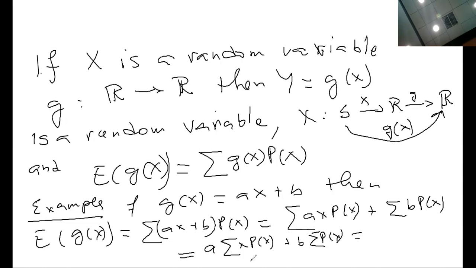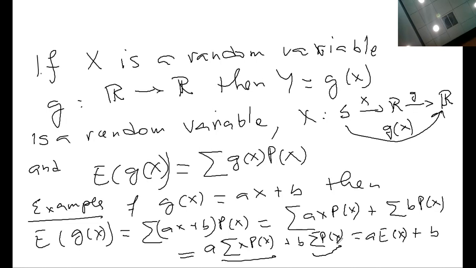The sum of x times P of x is the mean of X. So this is a times E of X plus b. Remember, what did we say the sum of P of x should be? Anybody remember?